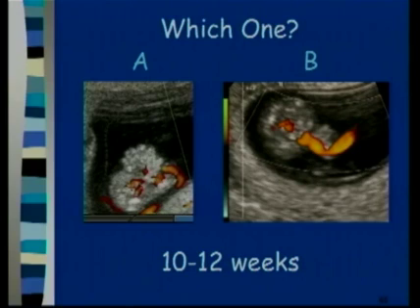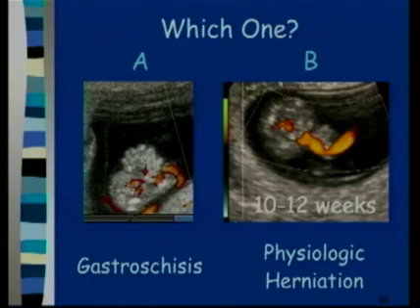Okay, which one would you rather be, A or B? These are both first trimester fetuses from 10 to 12 weeks. Kind of look-alikes. Well, A turns out to have a gastroschisis, and B turns out to be physiologic herniation, which is totally normal.